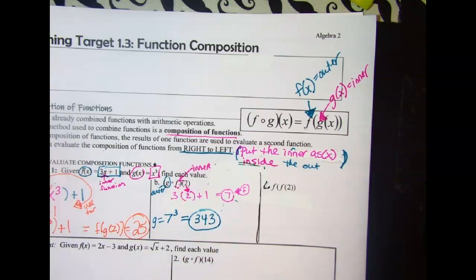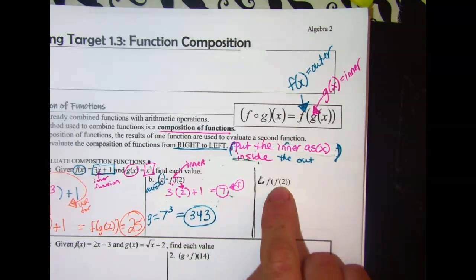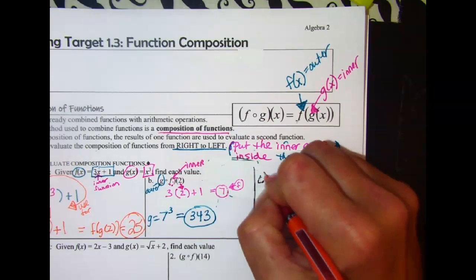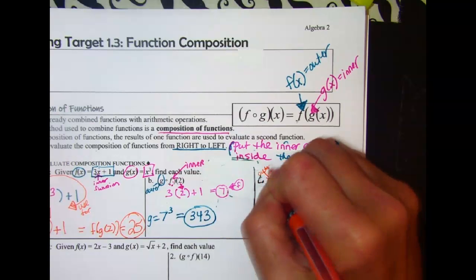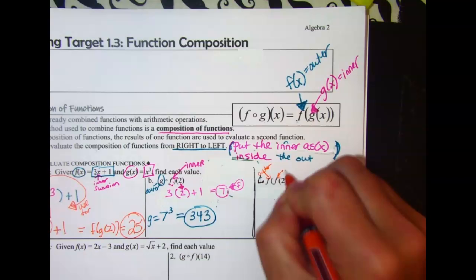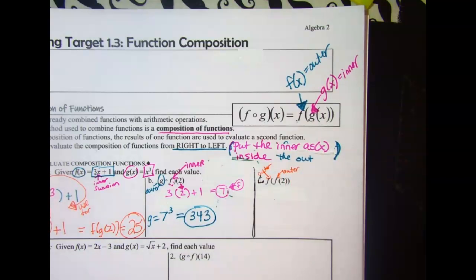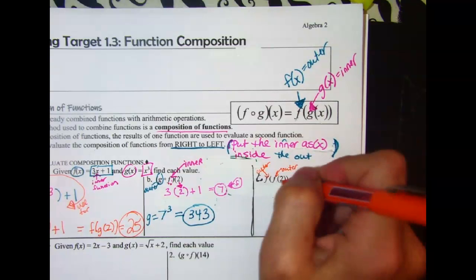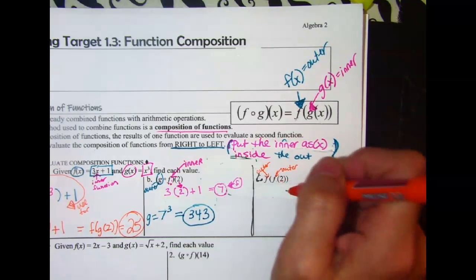All right, so let's look at C where it says, again, it's going to be the same thing, but this is our outer because it's on the outside. And again, this is our outer. So it actually wants us to multiply both functions by each other, where we have our f of 2 here.